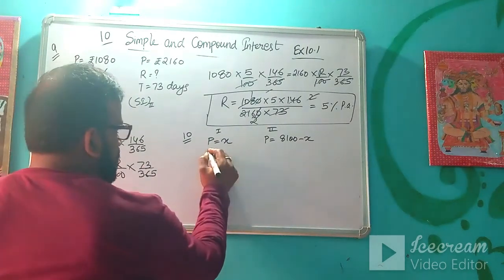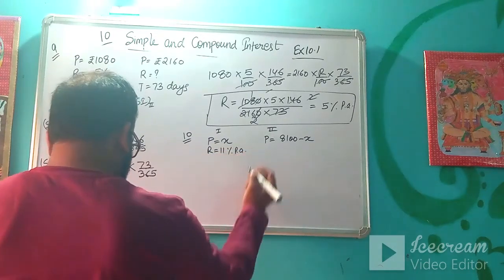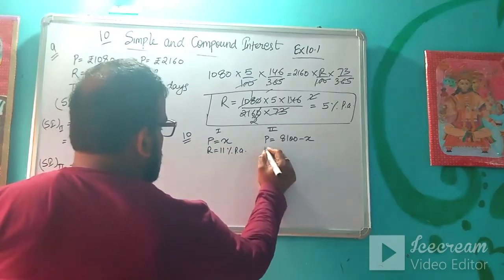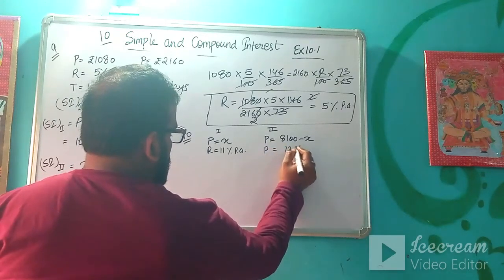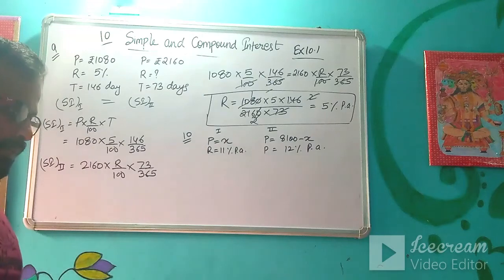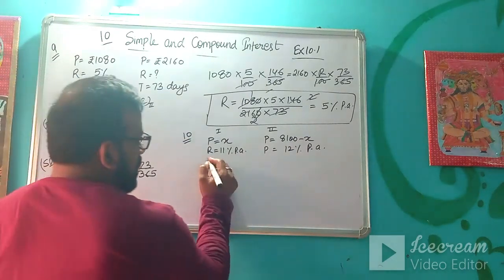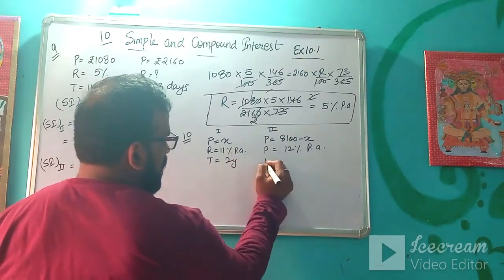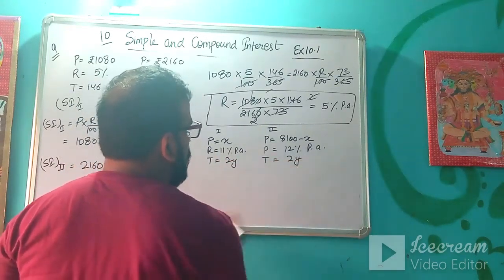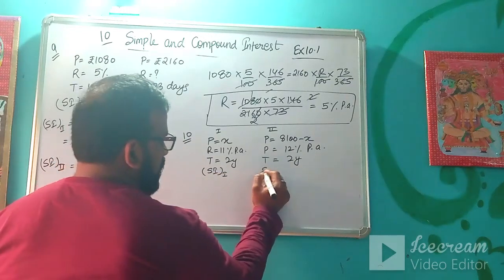So this is invested at 11% per annum, and let this be invested at 12% per annum. The total interest he gets after 2 years, that means time is 2 years here and time is here also 2 years. So let this be SI1 and this be SI2.